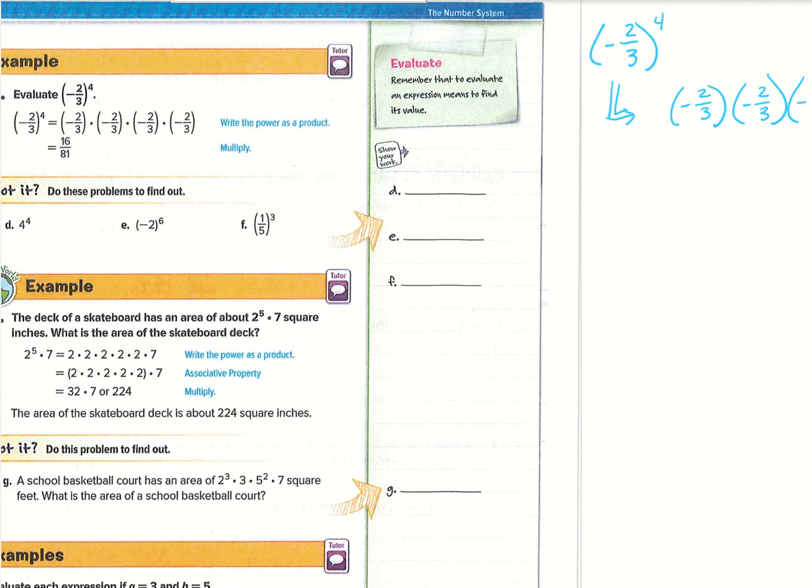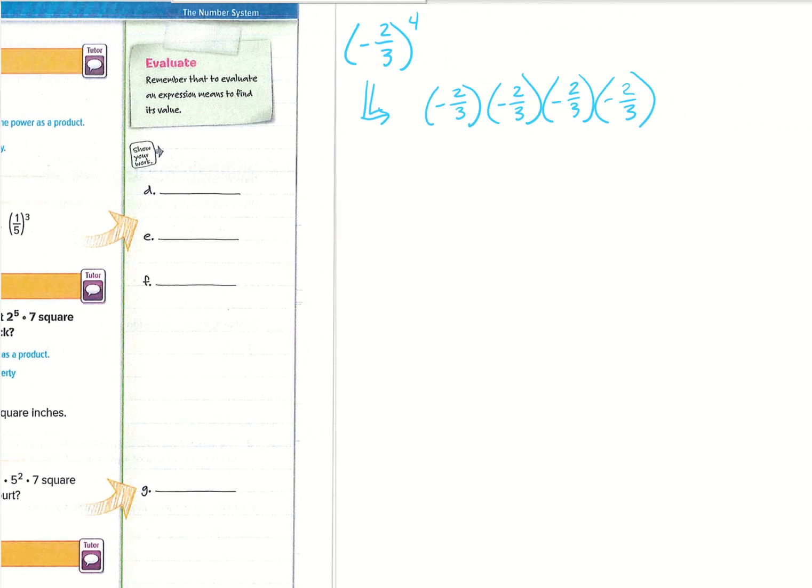One thing that you can do when you put it in your calculator, first of all, there's a few different ways you can do it. First of all, you can type it in something like this, where you've got in parentheses negative 2 divided by 3 or negative 2/3. And then you can put it to the 4th power. And we can go over in class how to do that on a calculator as well.